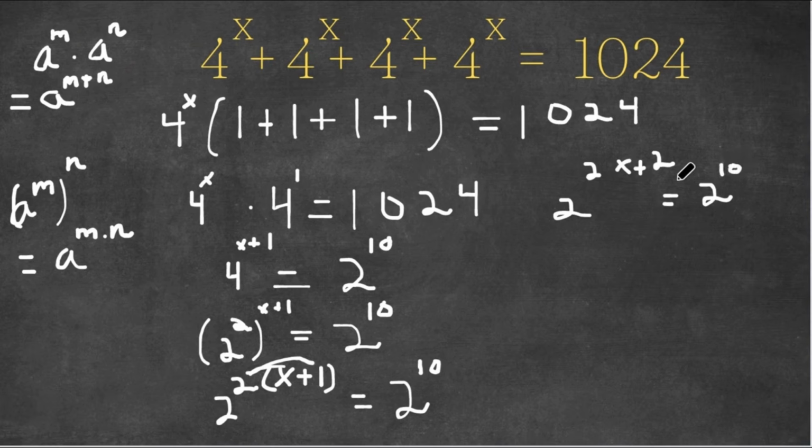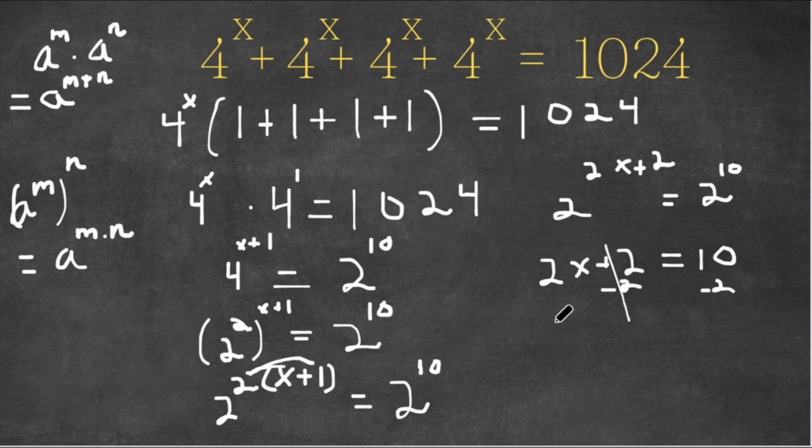Now, if you notice, both our bases are the same, meaning our exponents have to be the same as well. So that means we have 2x plus 2 is equal to 10. Now, if we subtract 2 on both sides, we get 2x equals 10 minus 2, which is 8.